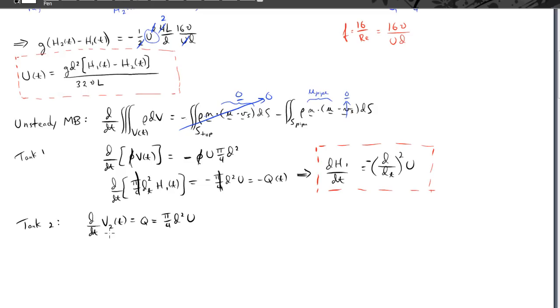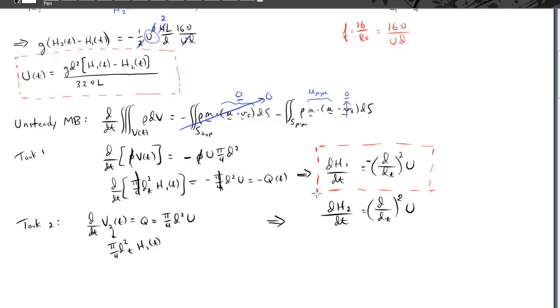And if we substitute for V2, which is just pi over 4 D_T squared h2 of t, we obtain the differential equation for the change in h2 with respect to time that looks very much like the one we had for tank 1. The only difference is there's no minus sign in this case, it's just d over D_T squared times capital U.